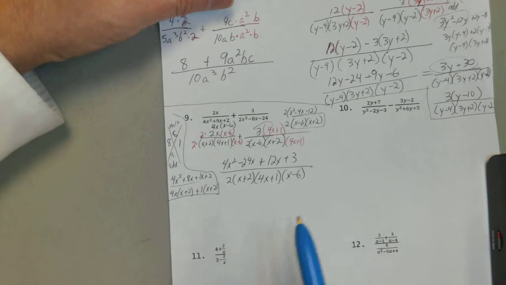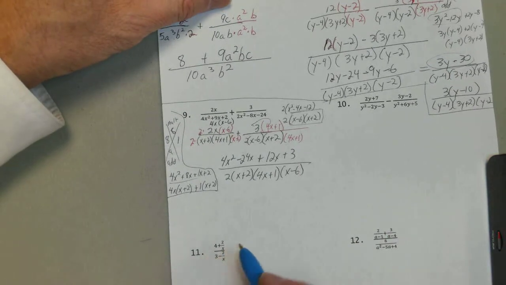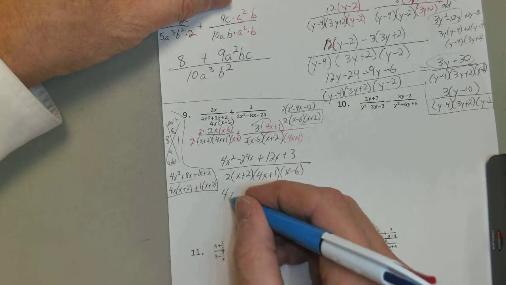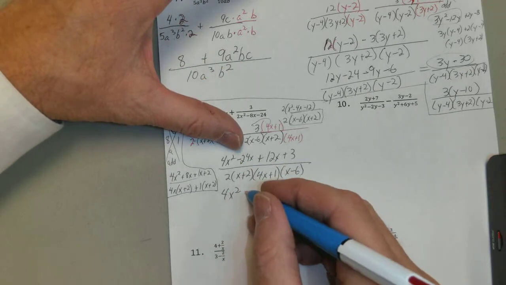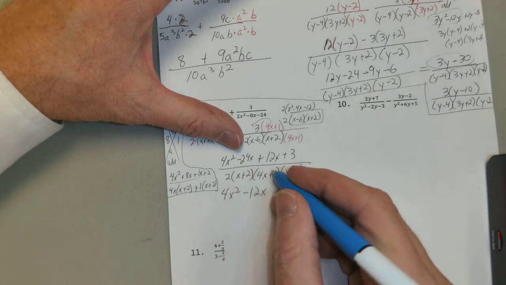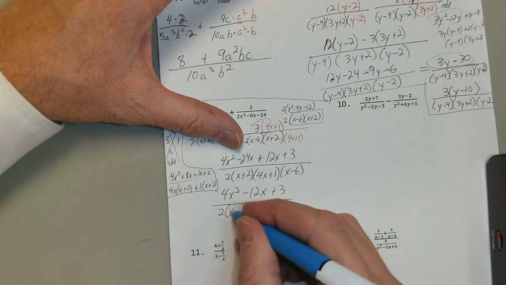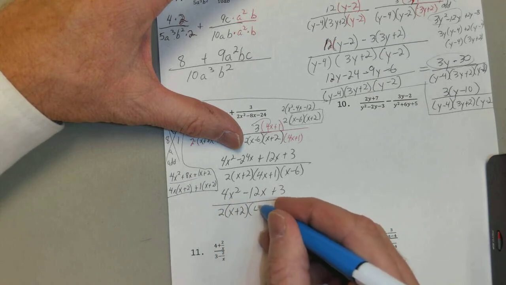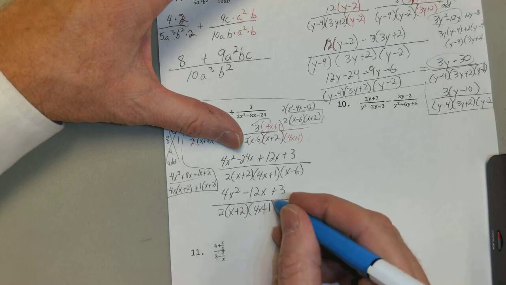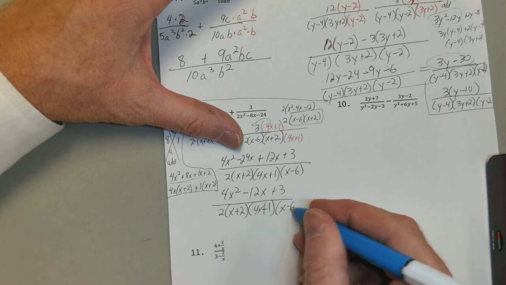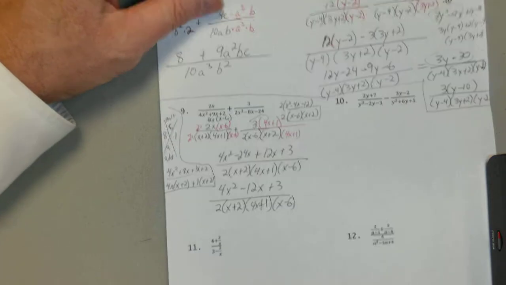No particular order there. Commutative property says we can rearrange that. So I'm looking at 4x squared minus 12x plus 3 over 2 times x plus 2 times 4x plus 1 times x minus 6. Got to keep that concentration going.